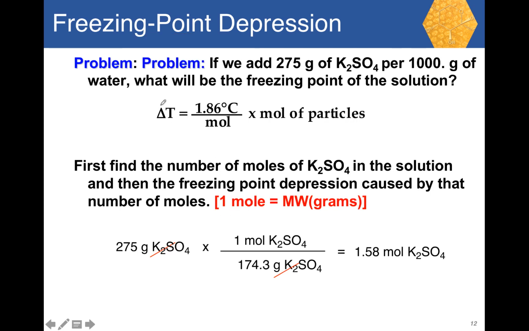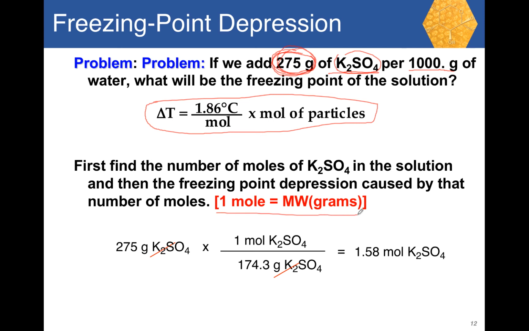So here is the same problem. Now we have 275 grams of potassium sulfate in 1,000 grams of water. Remember this now will give us 3 particles. This is our conversion factor, or the important equation that we will be using. But first we need to convert the grams into moles.